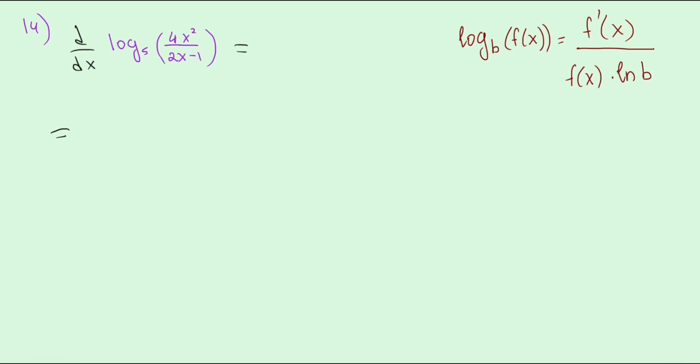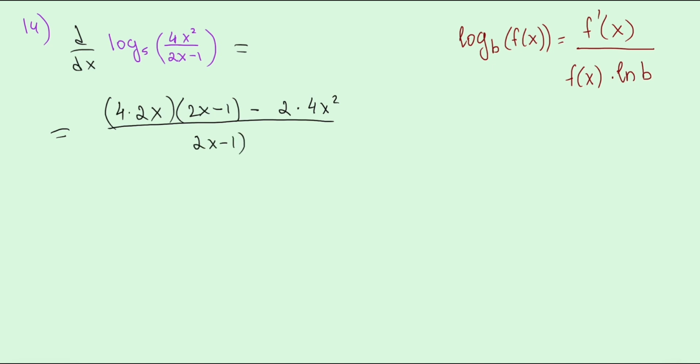So now we're going to get the derivative of the function inside, and we're going to use the quotient rule to find the derivative. So we're going to get 4 times, we're using the chain rule, we're going to bring the 2 down. We're going to get 2x times the denominator, 2x minus 1, minus derivative of the denominator, which is 2, times the numerator, 4x squared, over denominator squared.